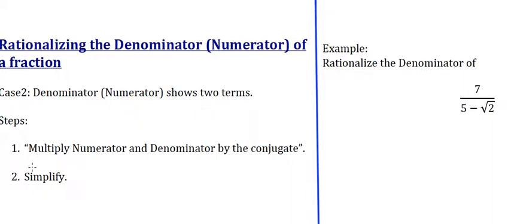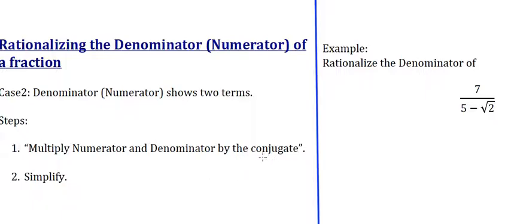The steps are: step number 1, between quotations, multiply numerator and denominator by the conjugate. I've written this between quotations because I have to tell you how you're going to do this, and I'm going to tell you what the conjugate is. Step number 2, as usual, simplify. Make sure that your answer is expressed in simplified form.